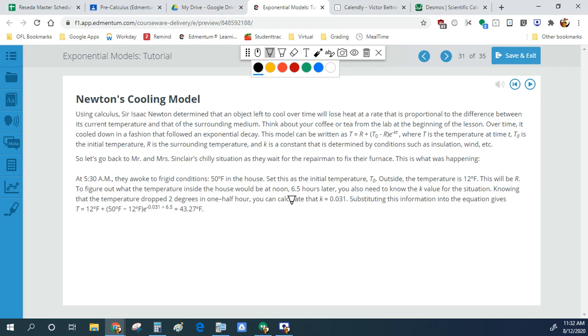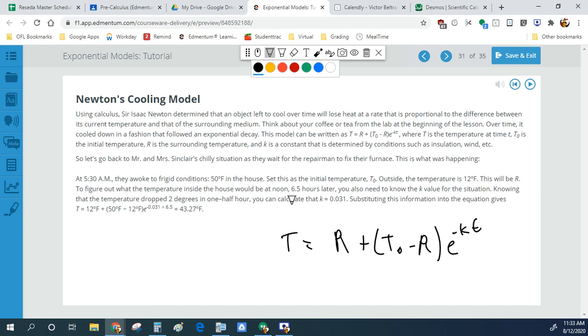Where's the actual model? There it is. So the temperature equals the rate of change plus initial temperature minus the rate again, and then e to the negative kt.